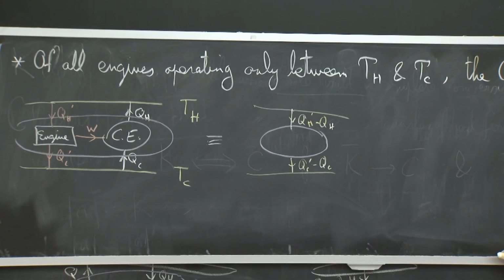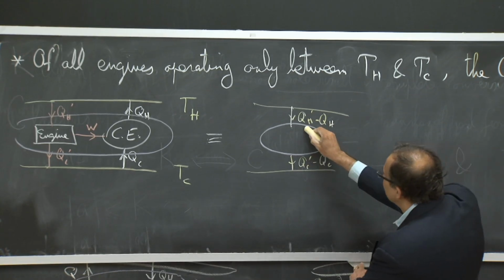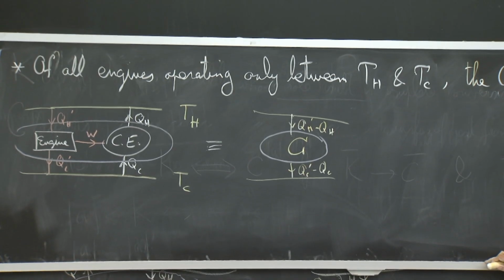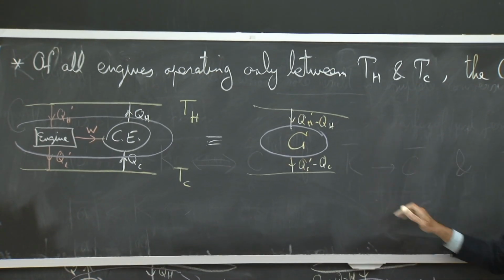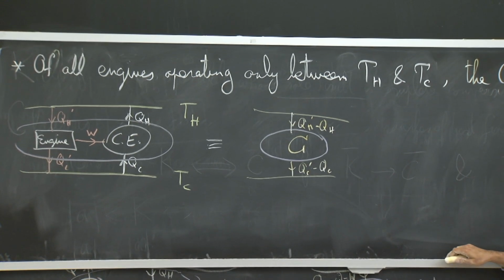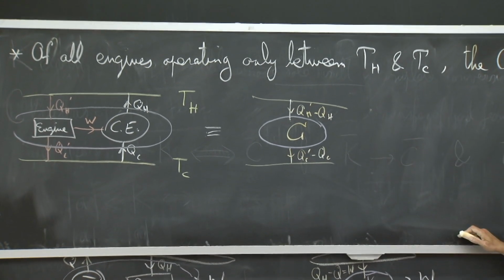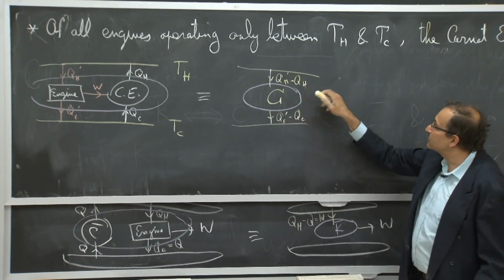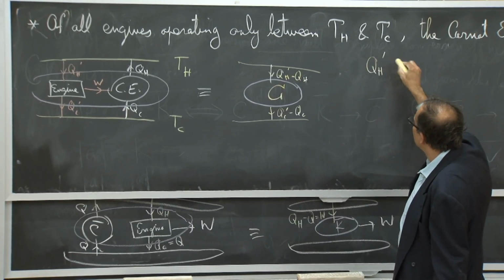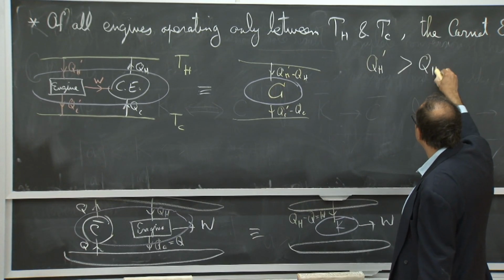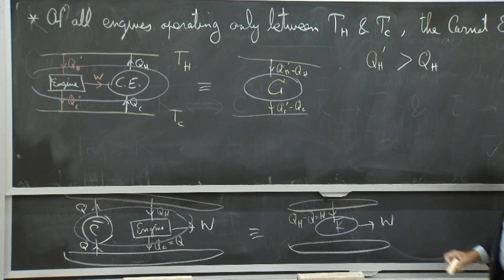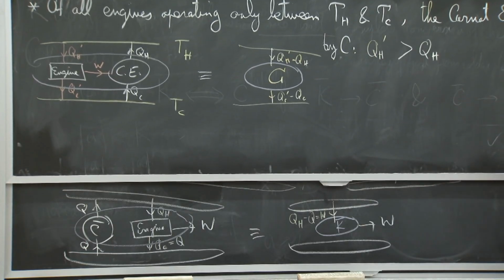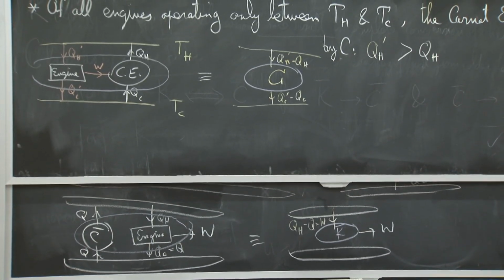Now, here we invoke Clausius. Clausius says that if you see heat going between 2 temperatures, it could have only gone from the direction hotter to colder, which means that this amount of heat has to be positive. QH prime should be greater than QH. Okay, so this is by Clausius. We know that this has to be the case. Okay?